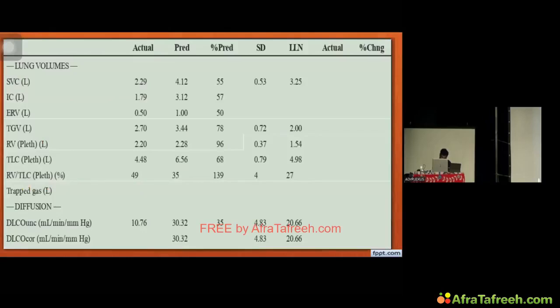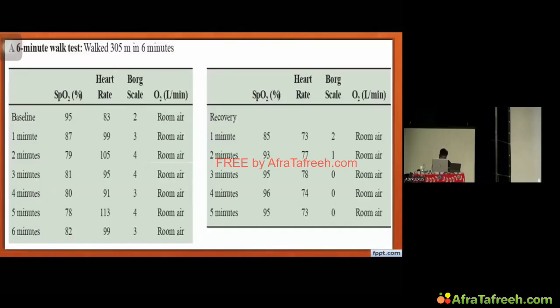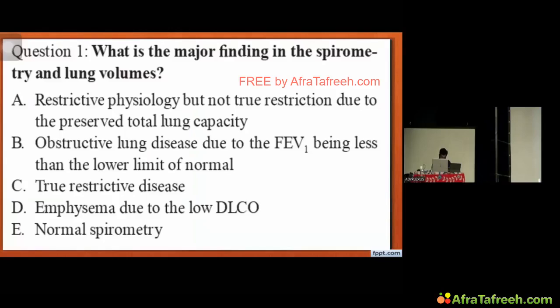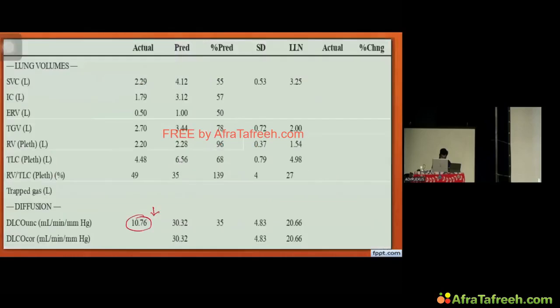Okay, this report shows his DLCO is decreased, and otherwise nothing is much significant. 6-minute walk test again shows desaturation.